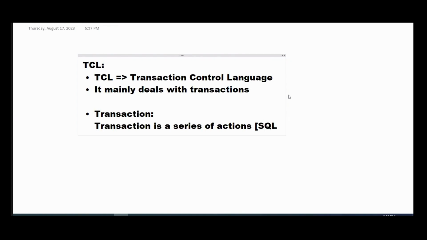So every transaction is a series of SQL commands.